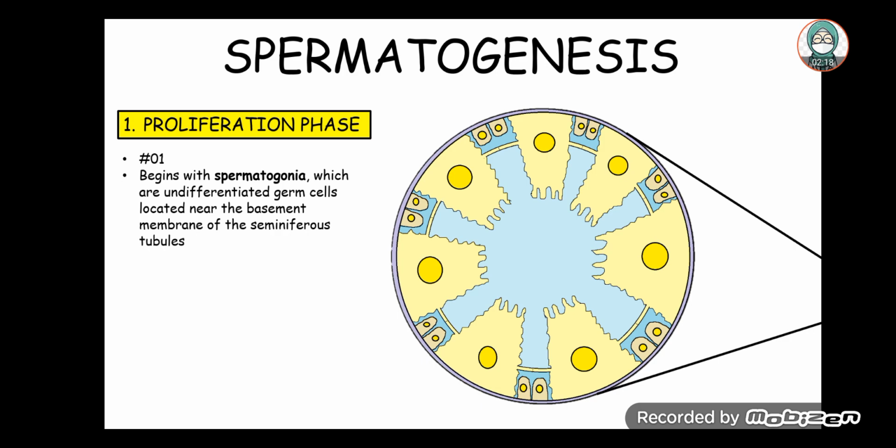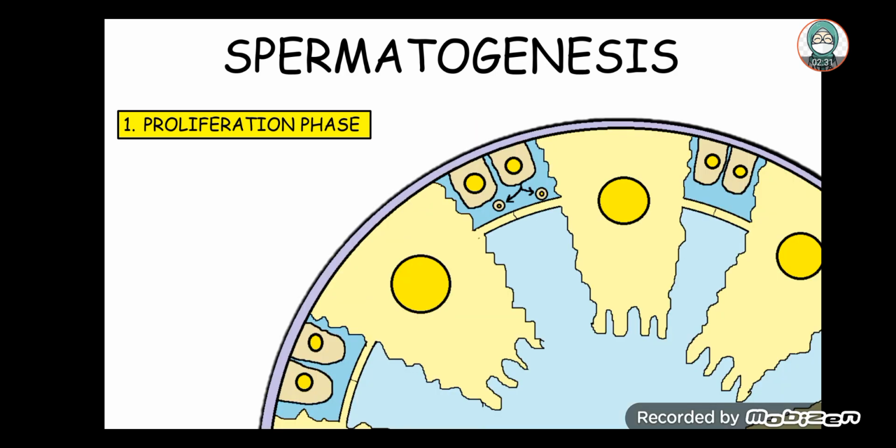They are undifferentiated germ cells located near the basement membrane of the seminiferous tubule. There you can see both cells are spermatogonia, located near the basement membrane and between the Sertoli cells.